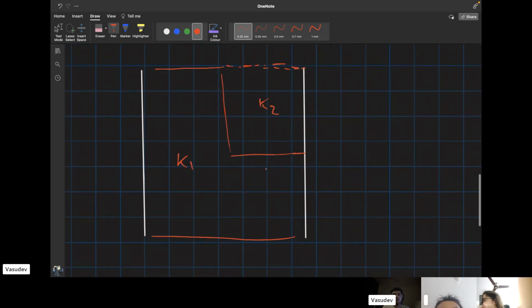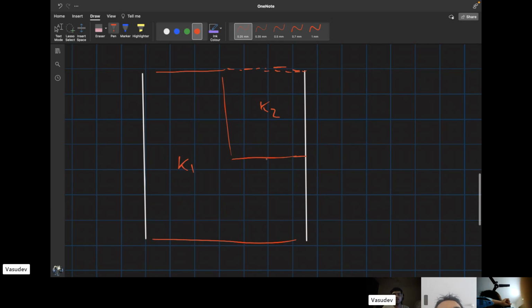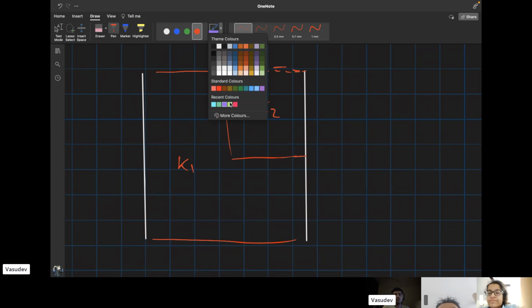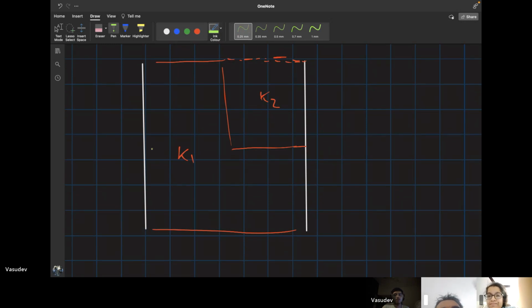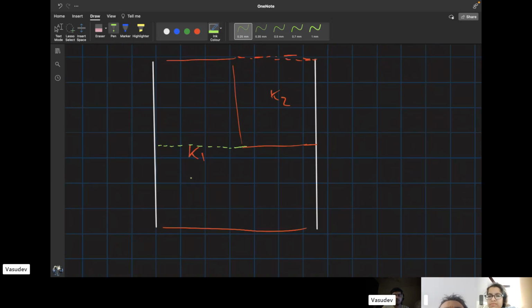I employ two ways to you. The first way being you draw a line in continuation with the one that you have drawn, this one, and find it out. Okay, so you're suggesting we extend the vertical line. That is the second arrangement. There are two arrangements.